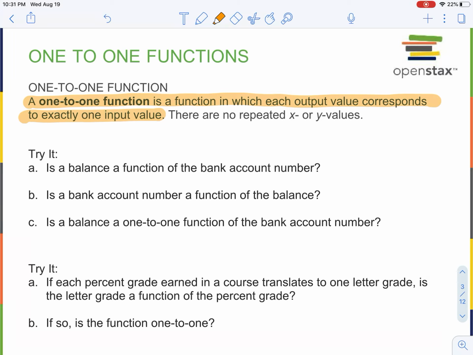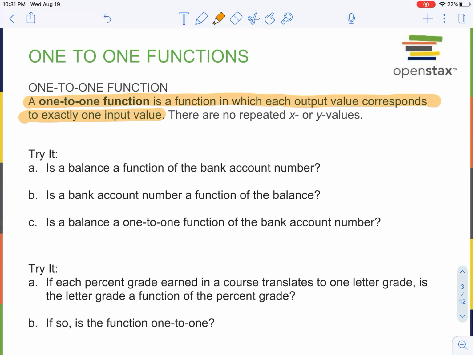A one-to-one function obviously has to satisfy that condition of being a function. Each input corresponds to exactly one output, but to be one-to-one, the function also has to have each output correspond to only one input. So there are no repeated x's or y's in a one-to-one function.